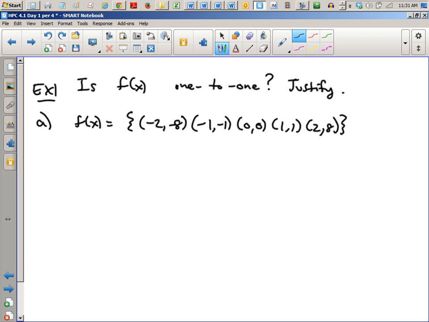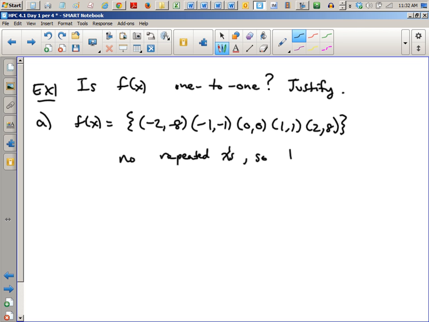Is this thing one-to-one? Well, it turns out it is, because if you plot these points, there are a total of 5 of them, you will see that none of them have the same y value, which means it passes the horizontal line test, and none of them have the same x value, so it will pass the vertical line test. One way I can tell right away that this is one-to-one is there are no repeated x's.